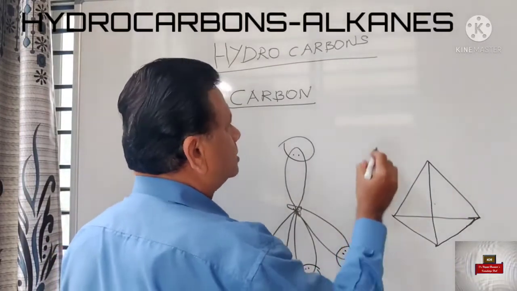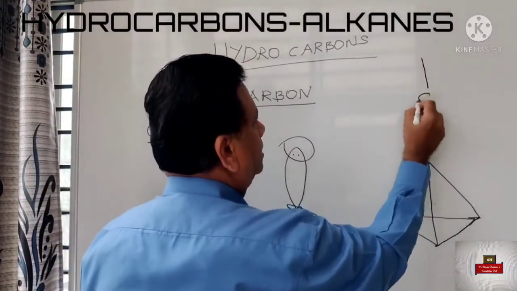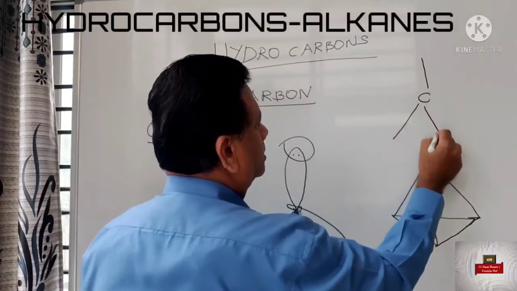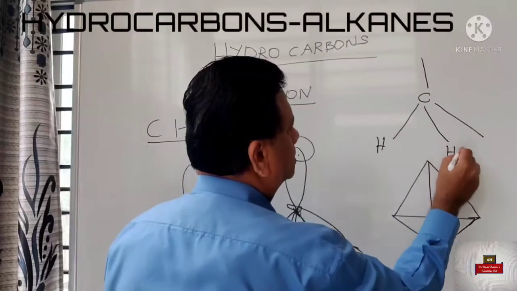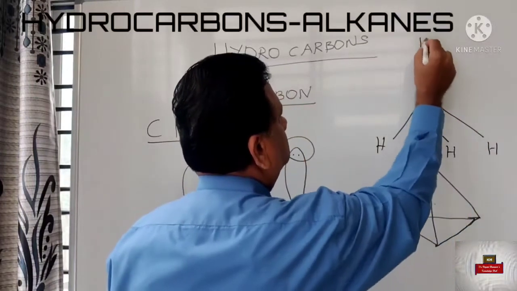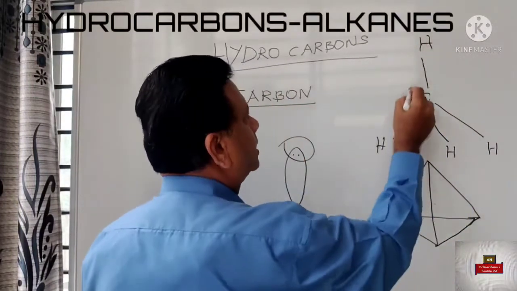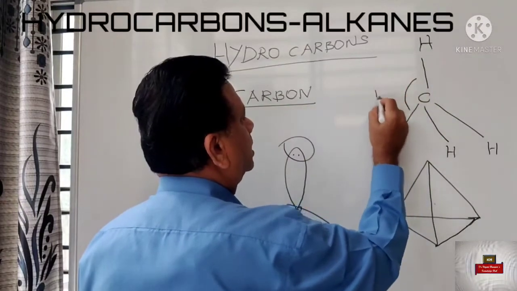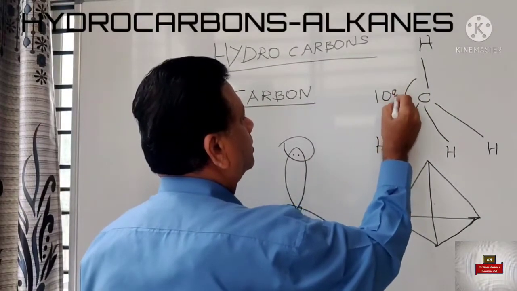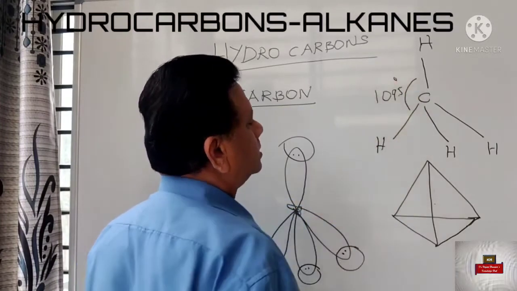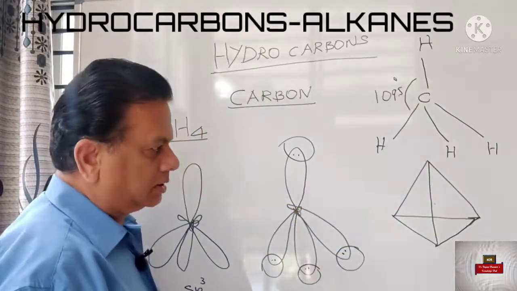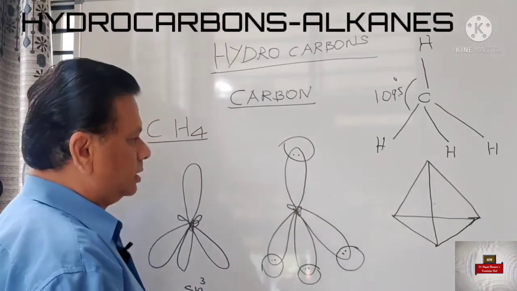So this is now C, H, H, H, H. This is methane structure. Here this is 109.5 degree. So this is the angle between these two hydrogen atoms.